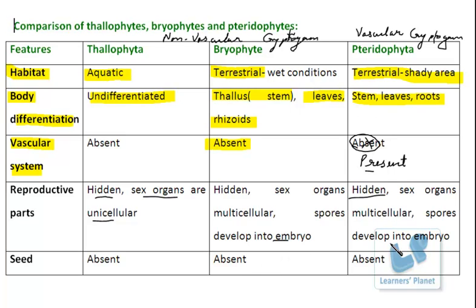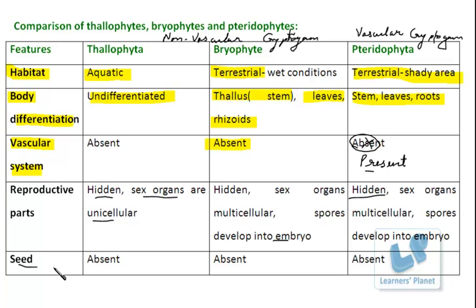And this type of development occurs in bryophyta and in pteridophyta. Further, they all lack seed. The seed-bearing capacity is not there. Neither in a naked condition nor enclosed inside any fruit. So definitely in such plants, flowers are also not present.